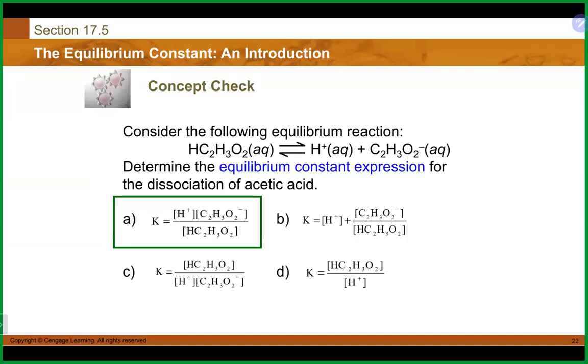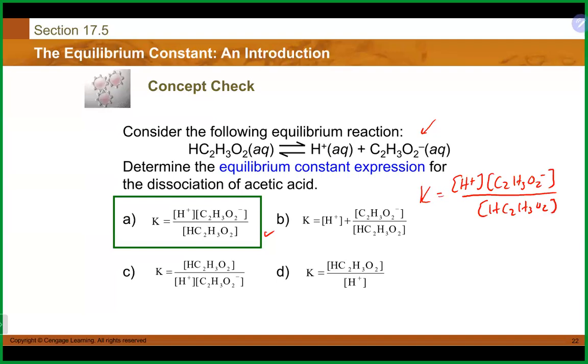So for example, here, consider the following. If we wanted to write the equilibrium expression here, we once again would look at our products, and it would be the concentration of H plus times the concentration of acetate divided by the concentration of acetic acid. And it looks like the one that's boxed looks like a winner in that case.